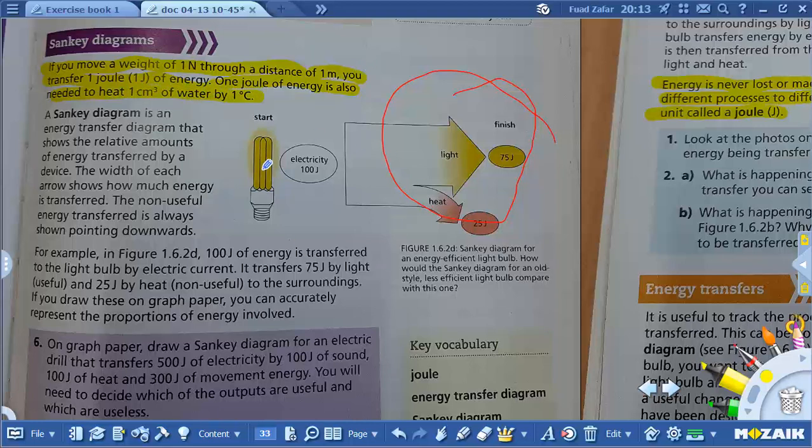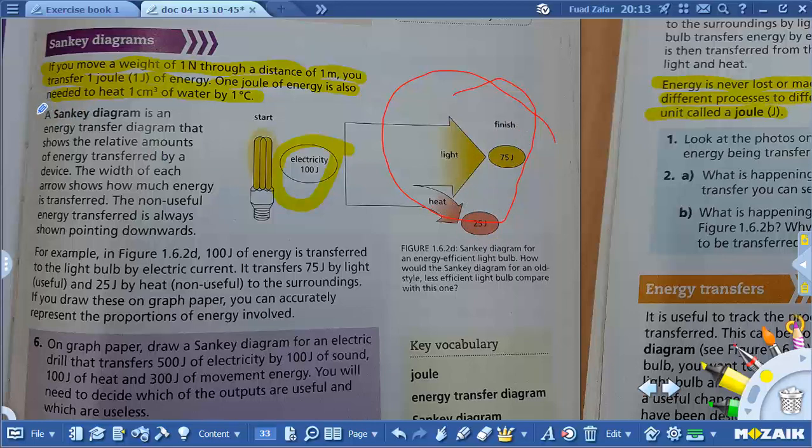So you can see here, when I light up an electric bulb, for example, I have 100 joules of electricity. It has been designed in a way that it gives light 75 joules and heat 25 joules.